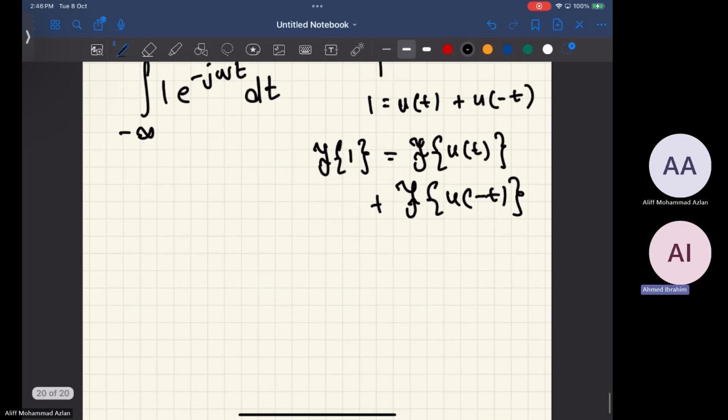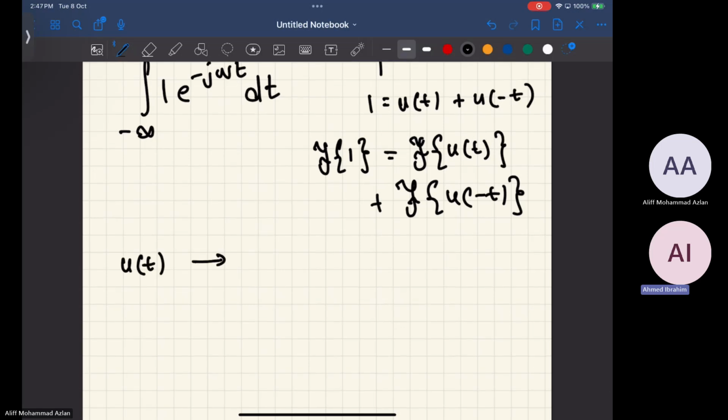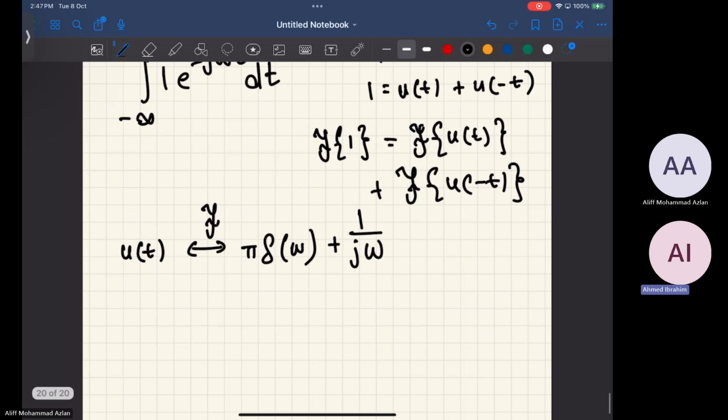So you can apply it directly. So we are given in the table that u of t has a pair pi Dirac delta plus 1 on j omega. So that's the Fourier transform of u of t.